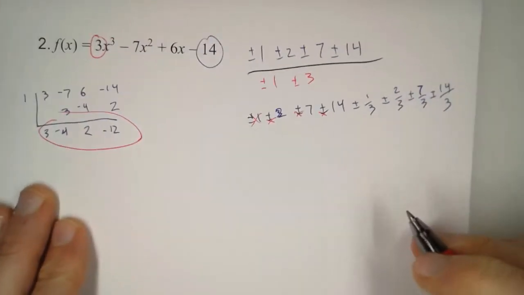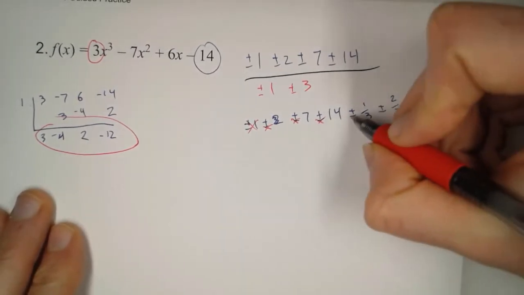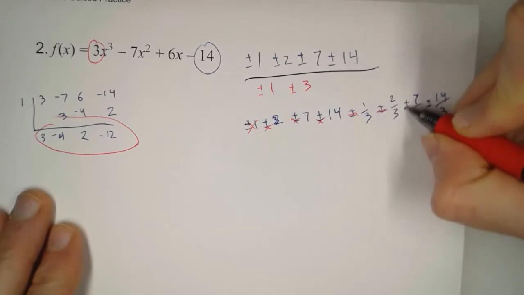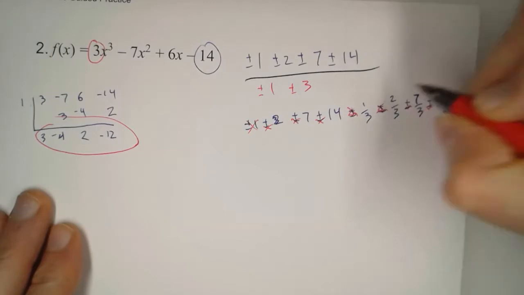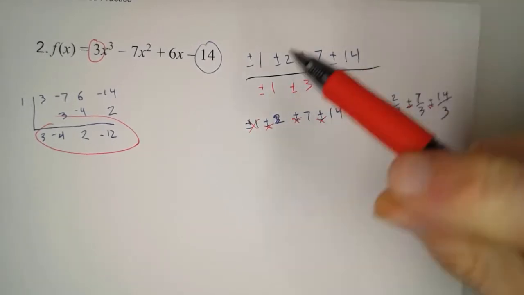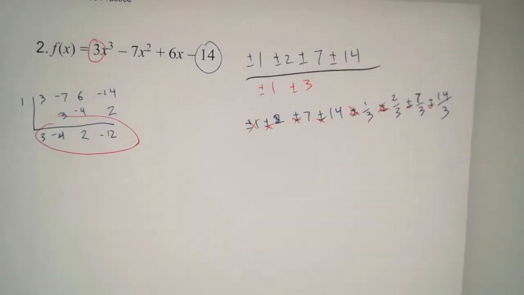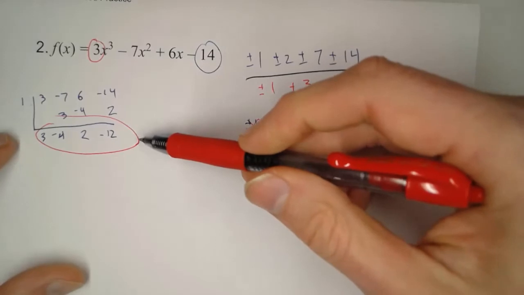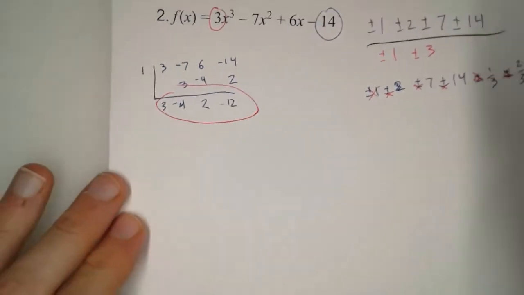And along with that, if 1 is too low, then so are all these negatives right here. And so is +1/3, so is +2/3. So we were able to knock out quite a few candidates just by doing one of them. So if you think you have to guess and check every single one, no. If you know how to use those upper and lower bounds, that's going to help you a lot.